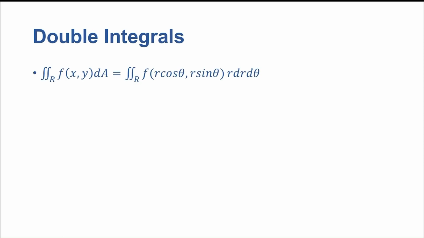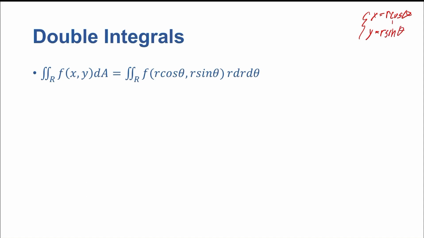So if I have the double integral over a region of f of x and y with respect to some differential area, I know that x is equal to r cosine theta and y is equal to r sine theta.